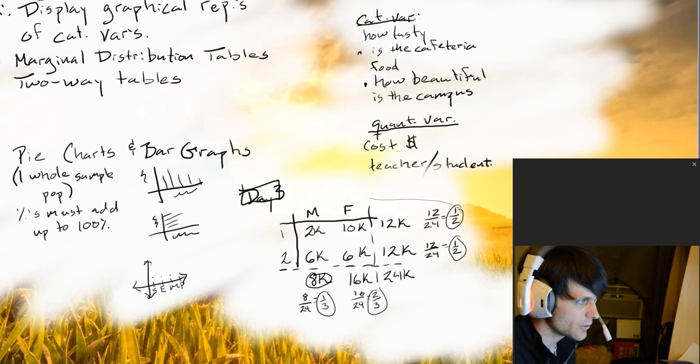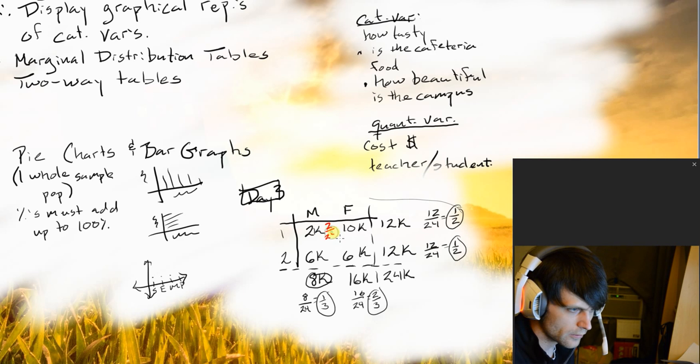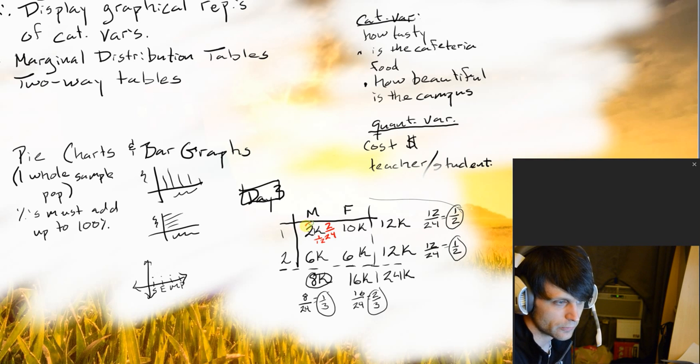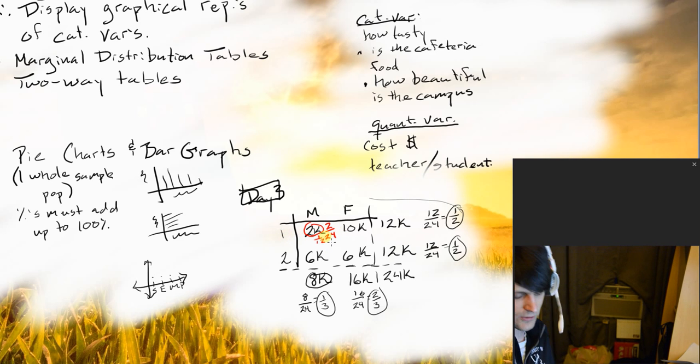This would be 2 over 24, or 1/12 of the population, were males who went to concert 1, and we could do that for the other 3 results as well there. But that just sort of wraps up a quick example of what we're working on in day 3.